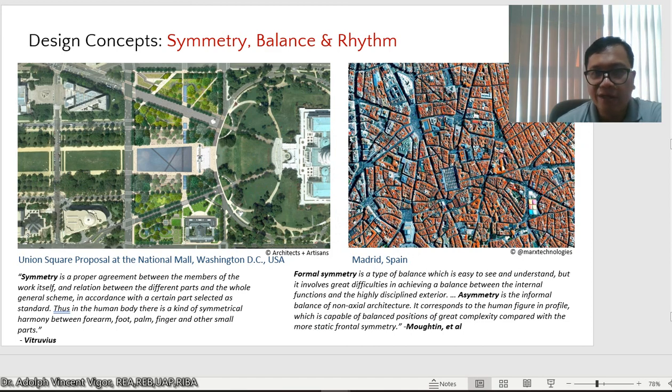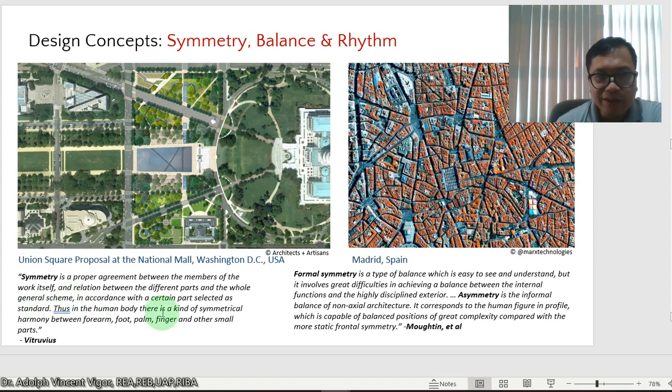Then we have here the concept of symmetry, balance, and rhythm. So here we have the Union Square proposal at the National Mall, Washington, D.C. If you break this into two, there's symmetry. And here at Madrid, Spain, you could see that there's some sort of rhythm also being applied.